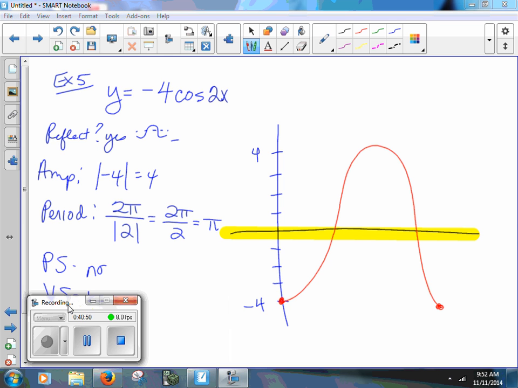And now I can go in here and I can put my x intervals in based upon my curve. So where does it start? 0. Where does it end this time? Pi. So what's the halfway point of this curve? And your halfway point better be your maximum point.